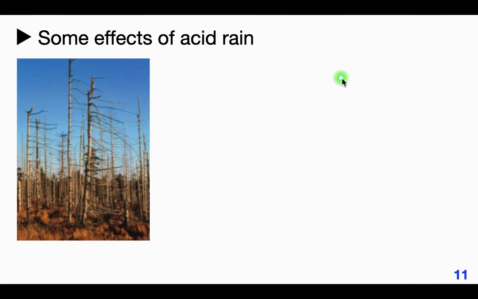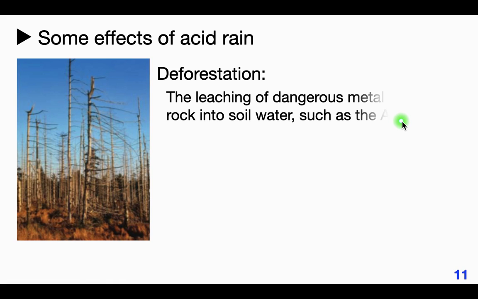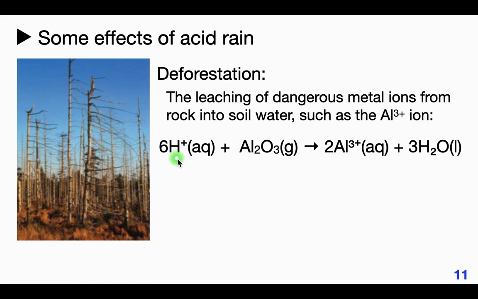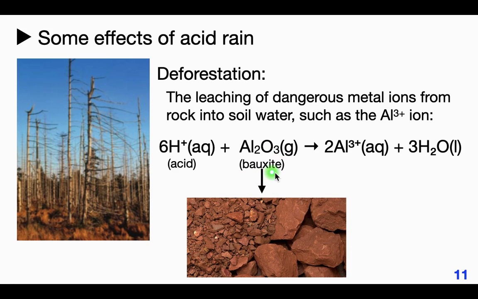Some effects of acid rain. Deforestation. The leaching of dangerous metal ions from rock into soil water, such as the aluminum ion. So when you have an acid, whatever that acid might be, an acid of sulfur or nitrogen, it can react with aluminum oxide. Now, aluminum oxide is better known as bauxite.